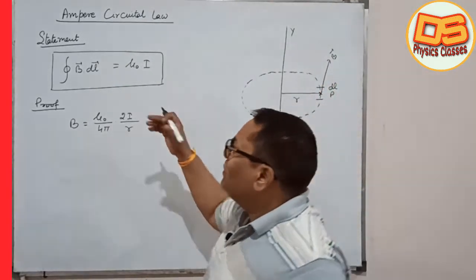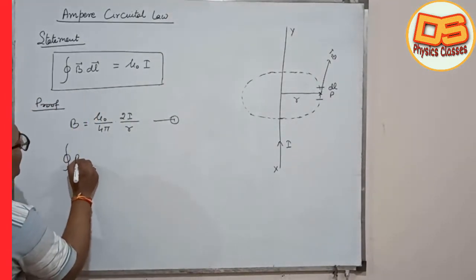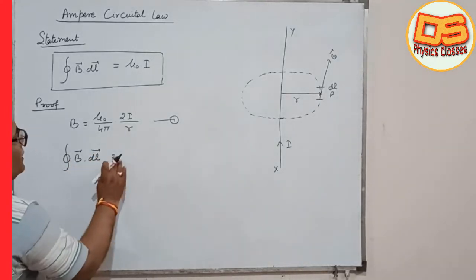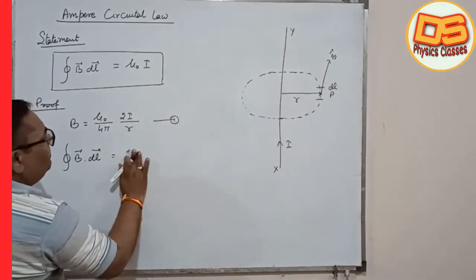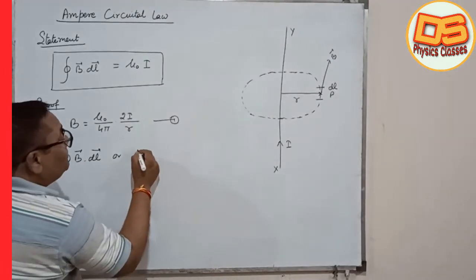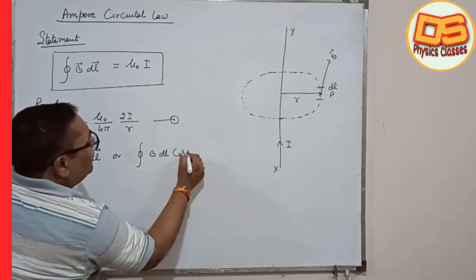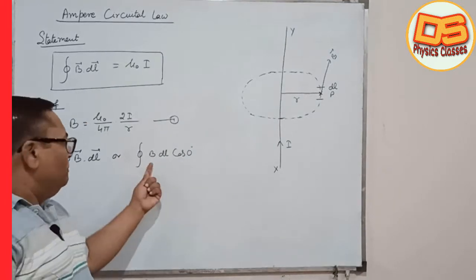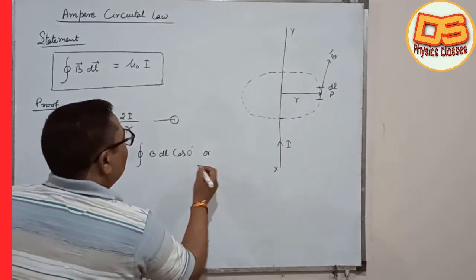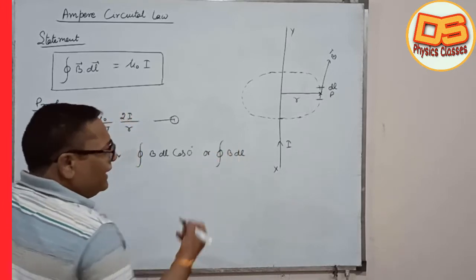Then according to the LHS of Ampere's circuital law, that is closed integral of B dot dl, equal to B dot dl, or this value can be written as B dl cos 0. Reason: B and dl are both parallel to each other, so it is B dl.